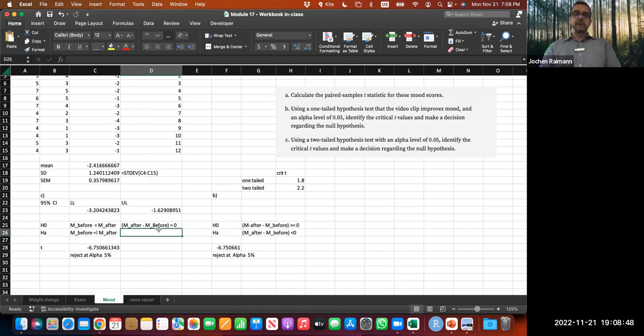Essentially, if you have a predefined anticipated change, this is the way you would need to phrase the null hypothesis, because then the difference that you're calculating has to be equal or greater than this anticipated change.